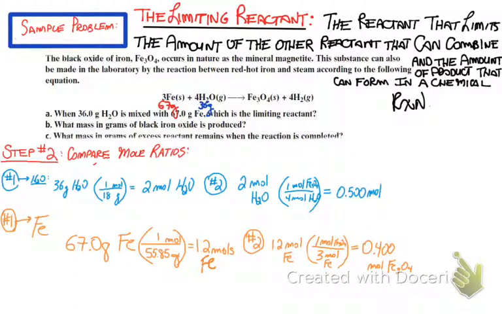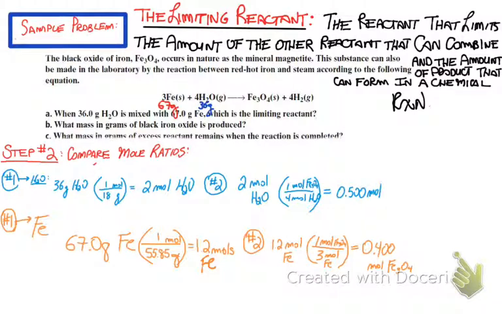We compare mole ratios. So 2 moles of water, comparing the water with the amount of iron oxide product, we see that for every 4, I get 1. So it's a 4-to-1 ratio.